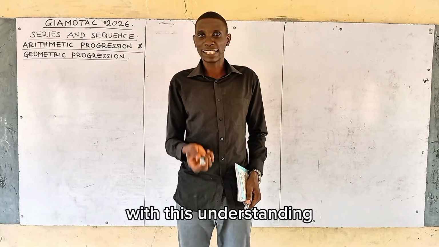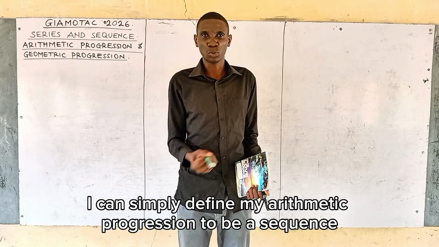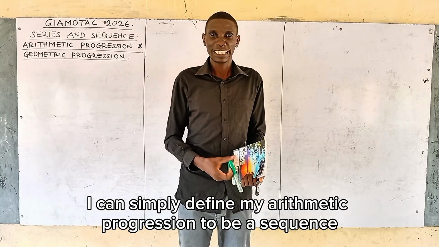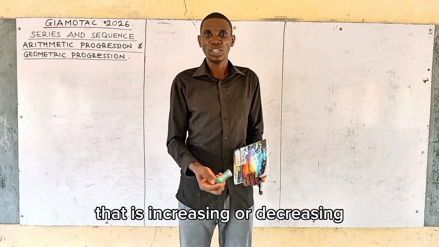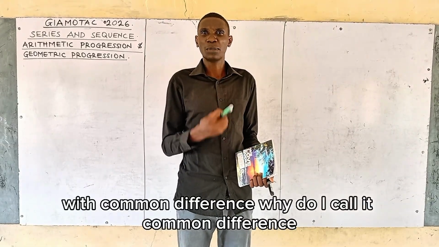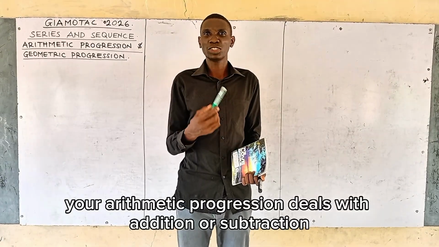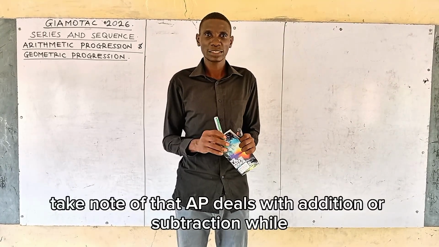So with this understanding, I can simply define arithmetic progression as a sequence that is increasing or decreasing with a common difference. Why do I call it common difference? Your arithmetic progression deals with addition or subtraction. Take note of that.